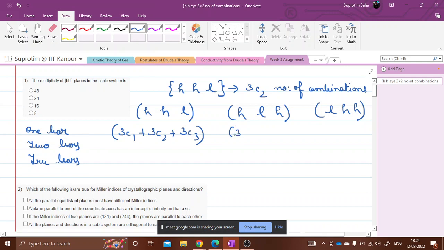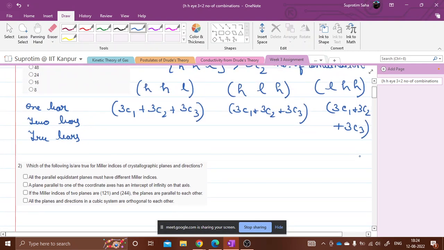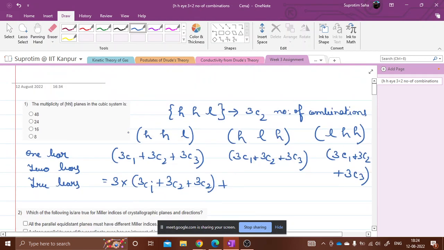So same goes for this too, and for this, right? So this is 3 into 3C1 plus 3C2 plus 3C3, plus you have already 3 combinations, that is HHL, HLH and LHH, means no indices are barred.